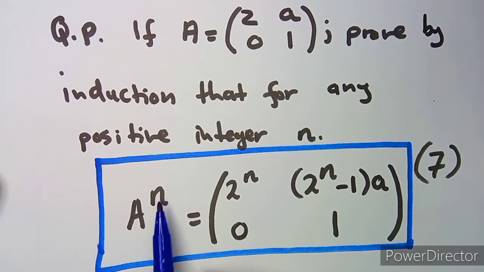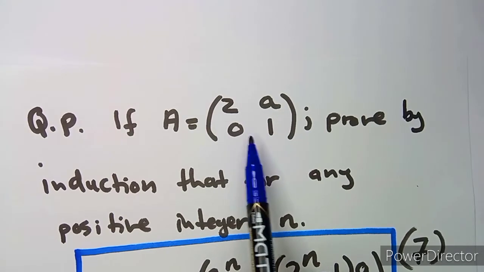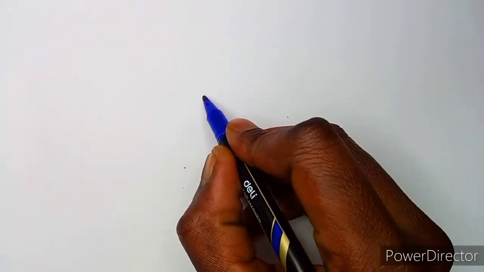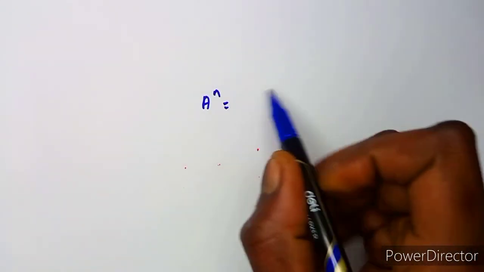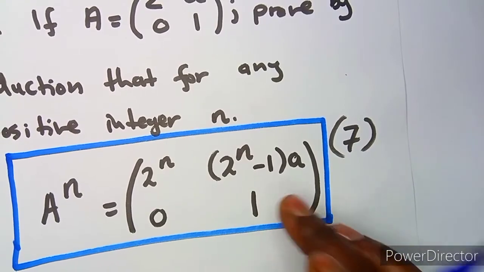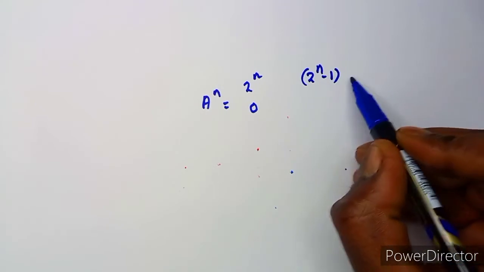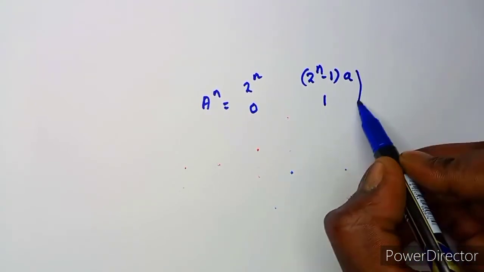That is my A to the exponent of n, substitute here with A, which is this part here. Since we are given that A to the exponent of n is equivalent to 2 to the exponent of n, 0 here. I'm rewriting this statement here, so I'm going to explain from this statement, which is 2 to the exponent of n minus 1 times A, that is a 1, like this.